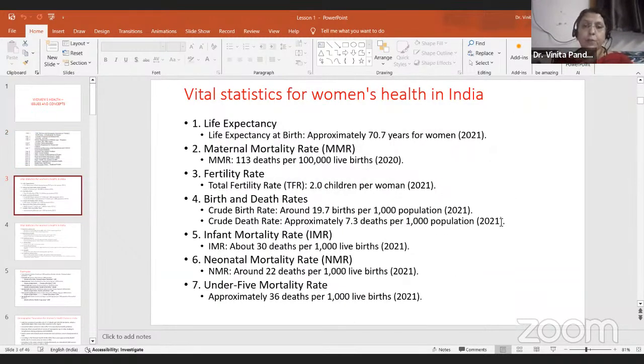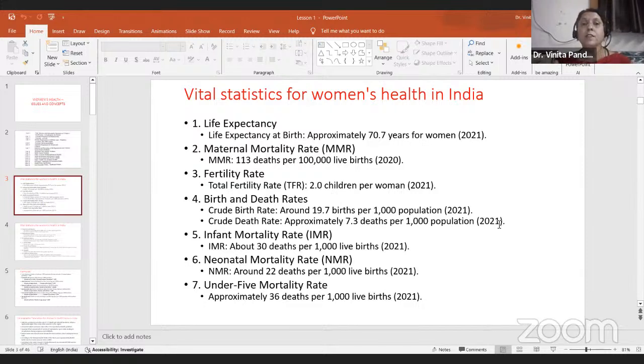Now, when I try to present detailed statistics for women's health in India, there are certain important concepts which we should try to understand. So, one very critical concept with regard to health parameters is life expectancy, then maternal mortality rate, fertility rate, birth and death rates, infant mortality rate, neonatal mortality rate, and under 5 mortality rate.